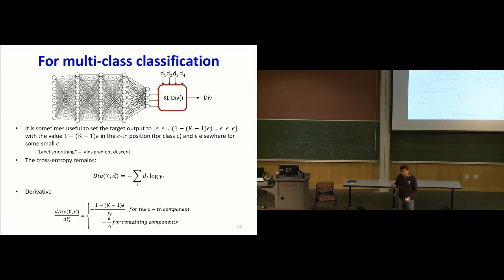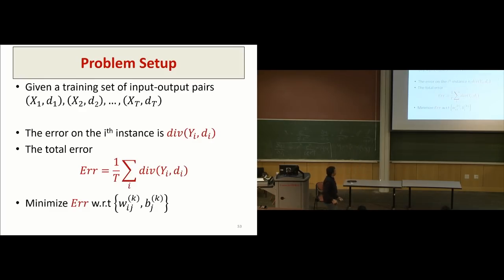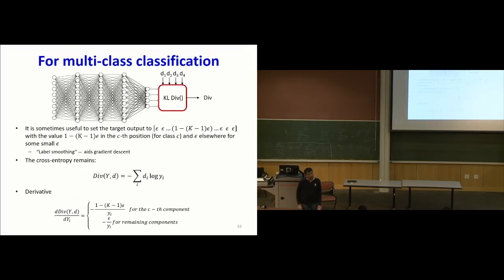It turns out, although arithmetically speaking this is wrong, because you know the actual class of the training instance, this little trick will often give you better gradients for gradient descent than if you actually use the one-hot representation for the output. So in your homeworks, for instance, you might want to try out label smoothing to see if it helps you during training. Yes? Why is that the case, that sometimes it would be useful to smooth it out?